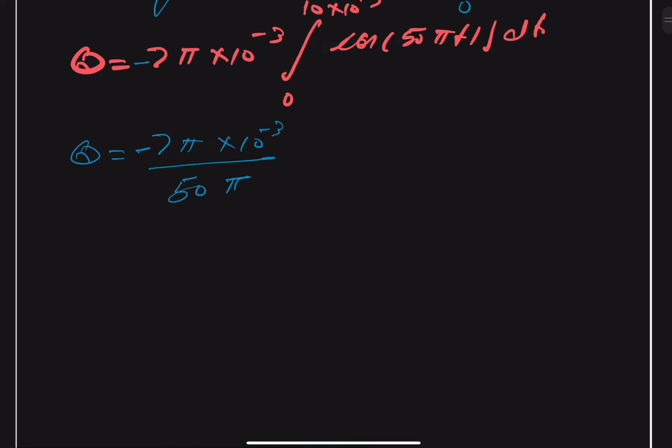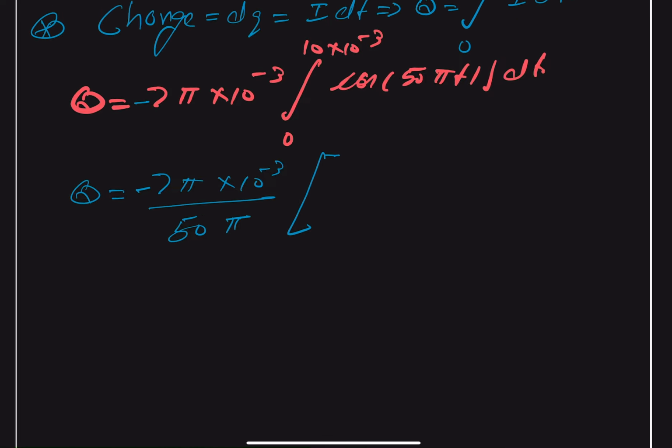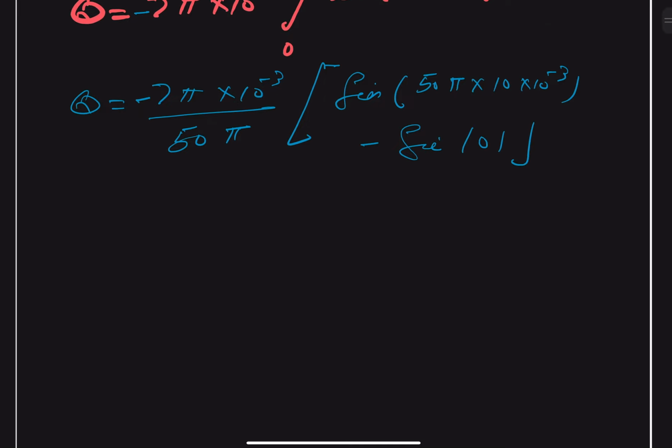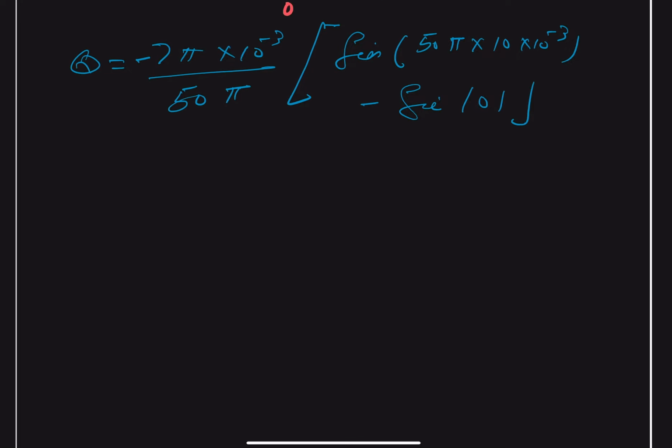Yeah, that's correct. And this comes as sine of upper limit, that will be our 50 pi into 10 into 10 to the minus 3, minus sine of 0, and we get the charge as approximately equal to 14 millicoulomb.